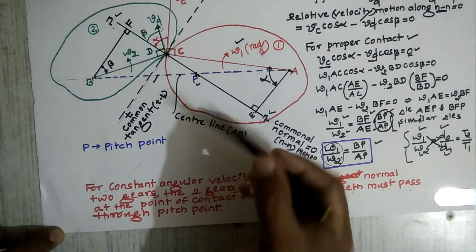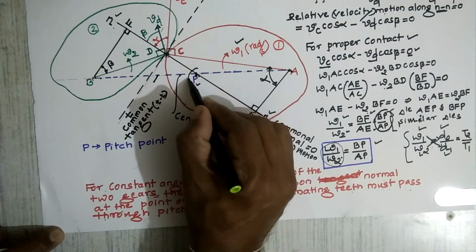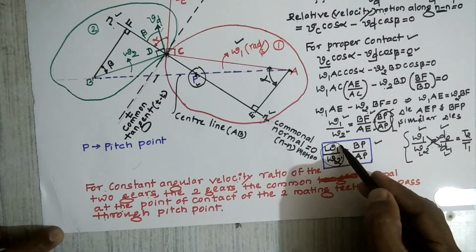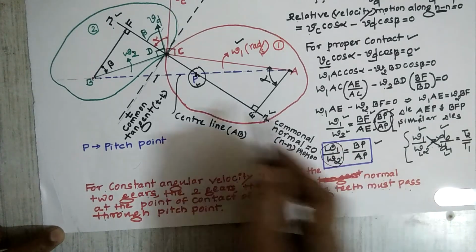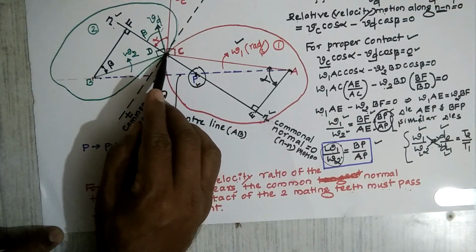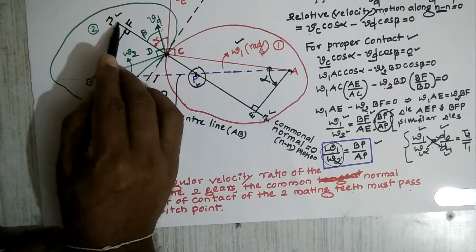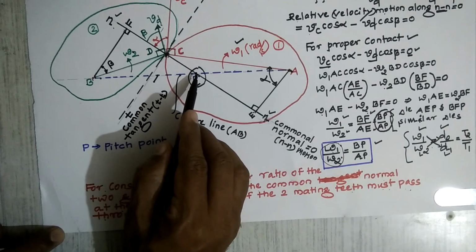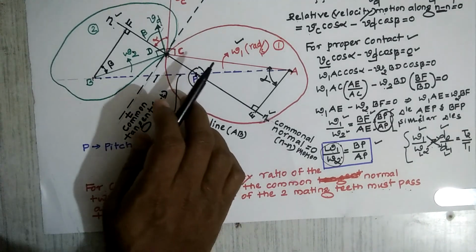It must pass through the pitch point. In order to maintain the constant angular velocity, the common normal at the point of contact of the two bodies must pass through the pitch point. This is nothing but the law of gearing. I will stop here only.